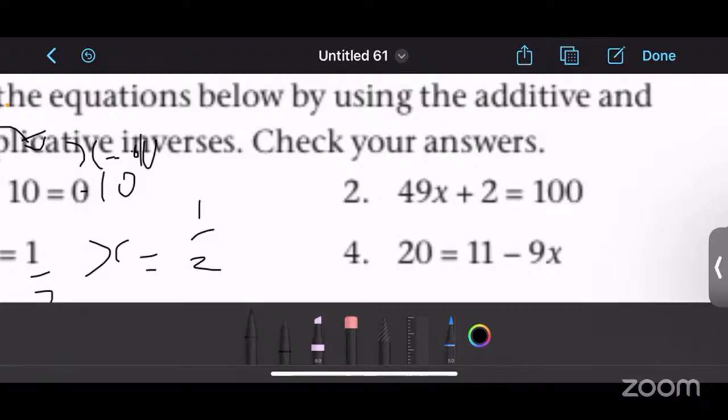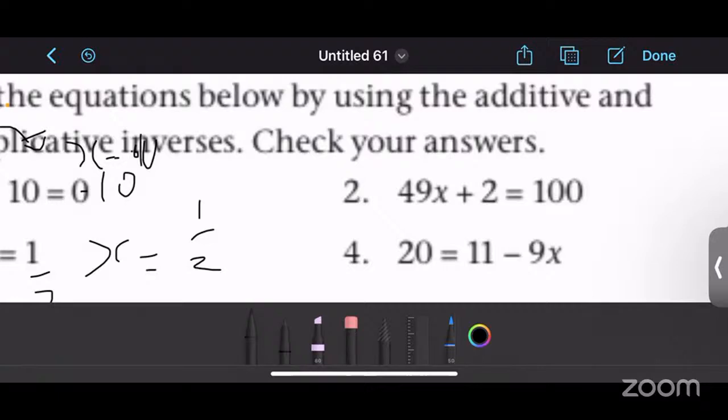And then that means we're going to have 20 minus 11, which is 9, right? So 9 is equal to negative 9x. Then we can divide both sides by negative 9 to get rid of the negative 9 next to the x.